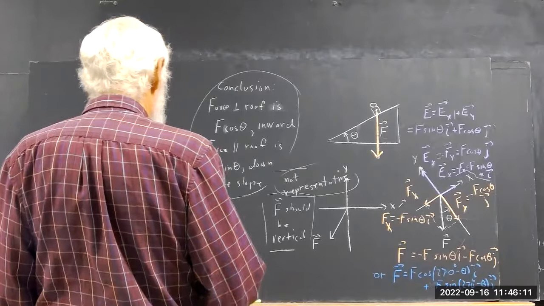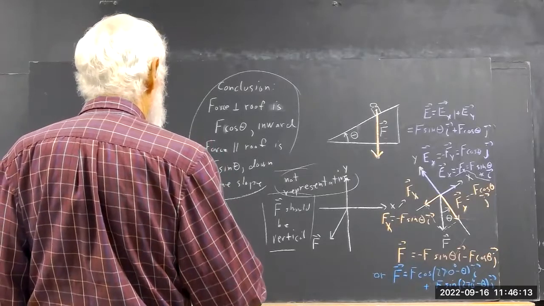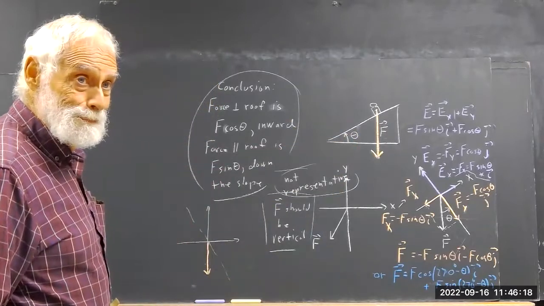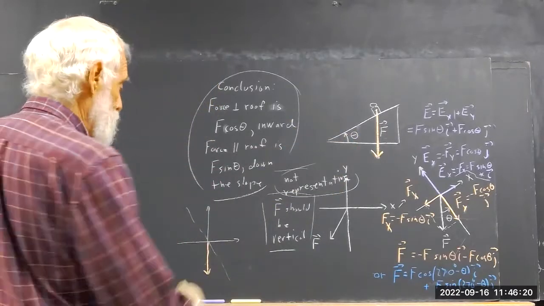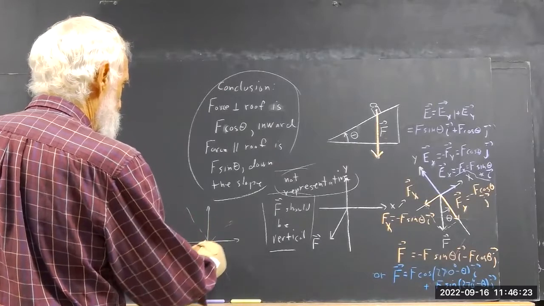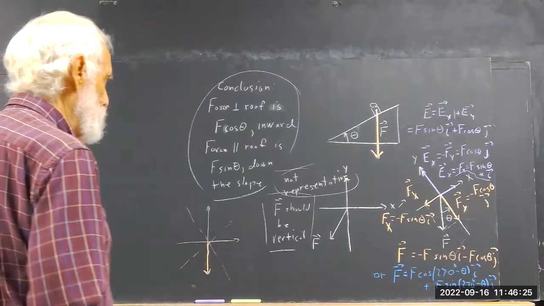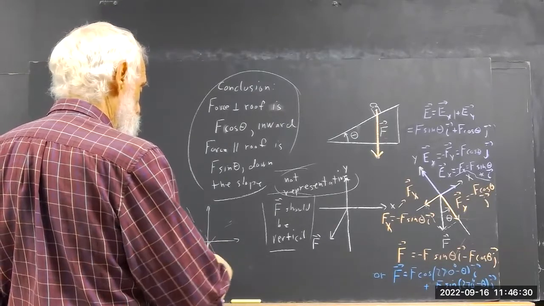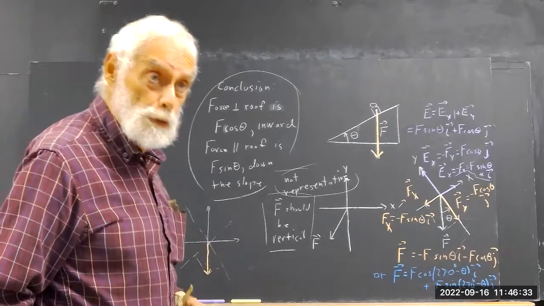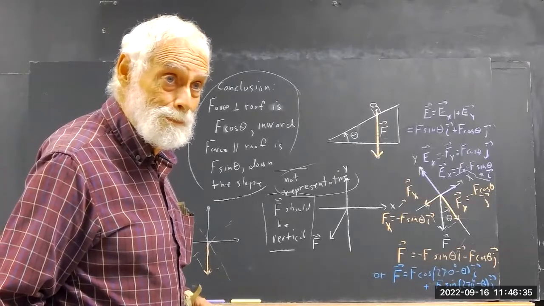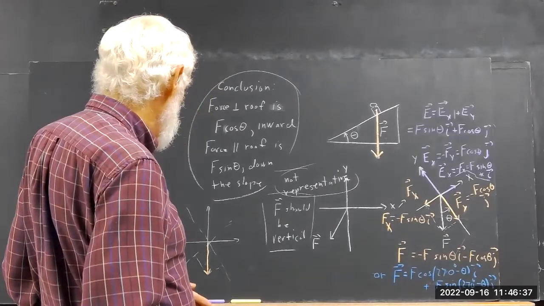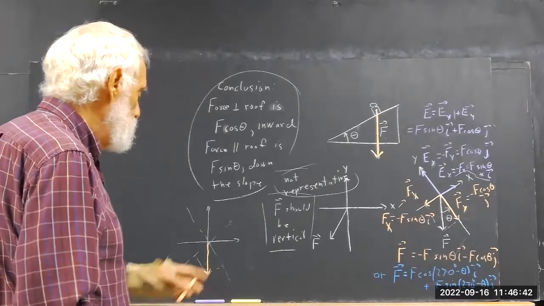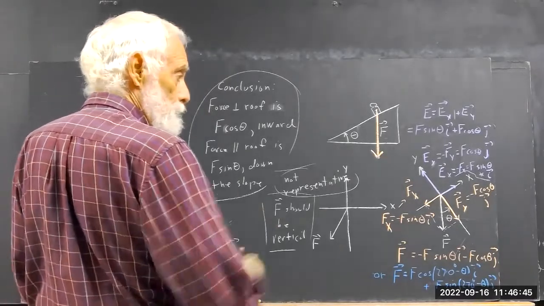And what we would then have to do is find the components of this force in the direction perpendicular to the roof, and find the components parallel to the roof. Well, you'd end up with the same picture. Components perpendicular to the roof are these, no matter what your coordinate system is. Your components parallel and perpendicular to the roof would be here and here, and you're back to that picture.